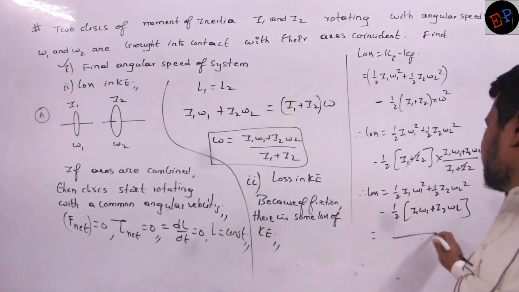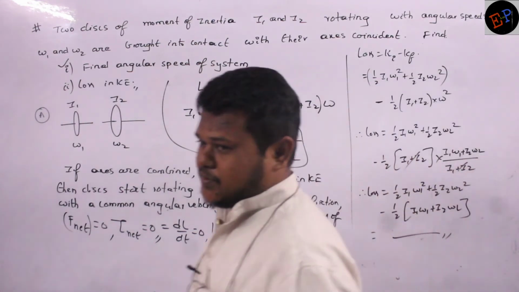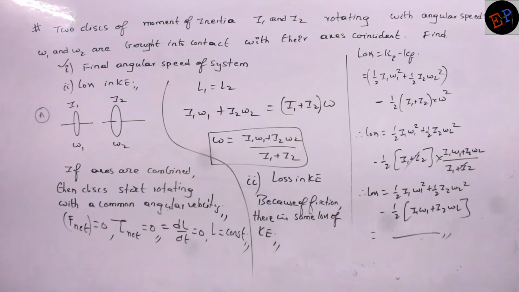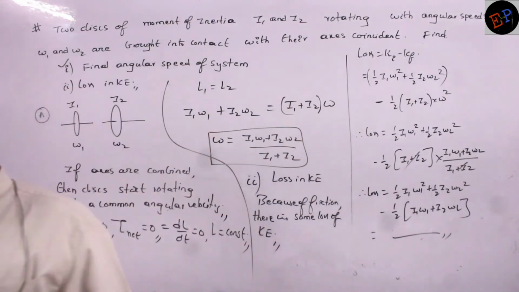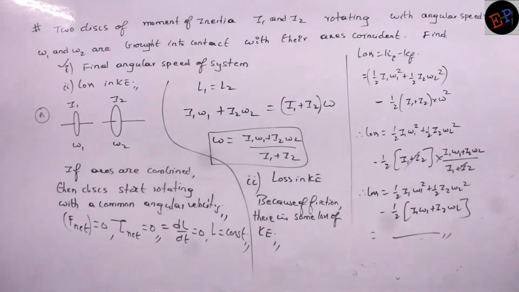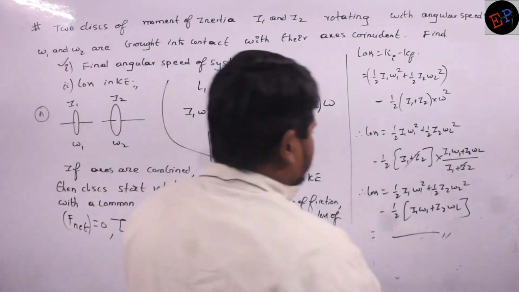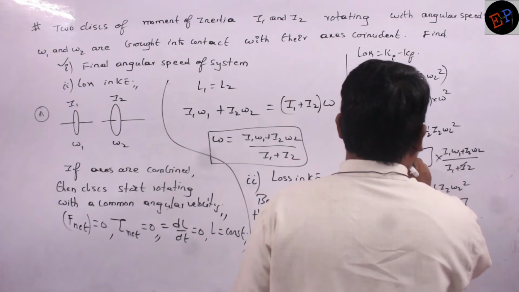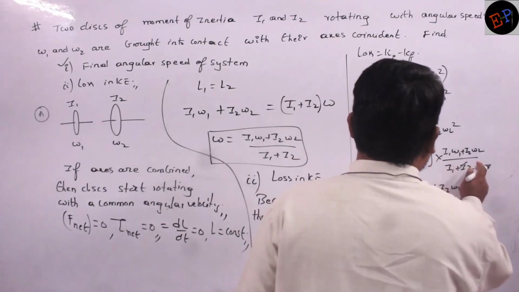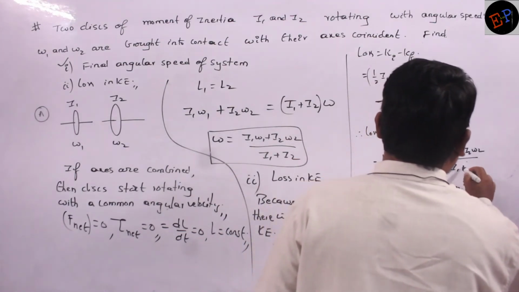If you want to further simplify, you can simplify this. Are you able to understand? Is it clear how we have done the calculation? Very simple. See, here this is omega square, I forgot to put square here.